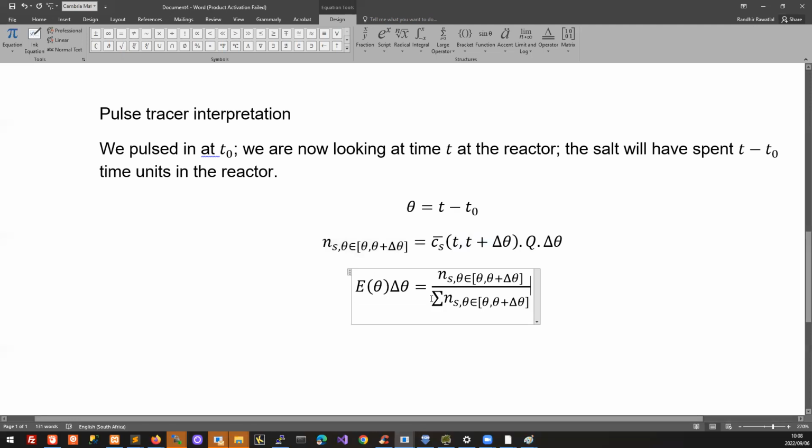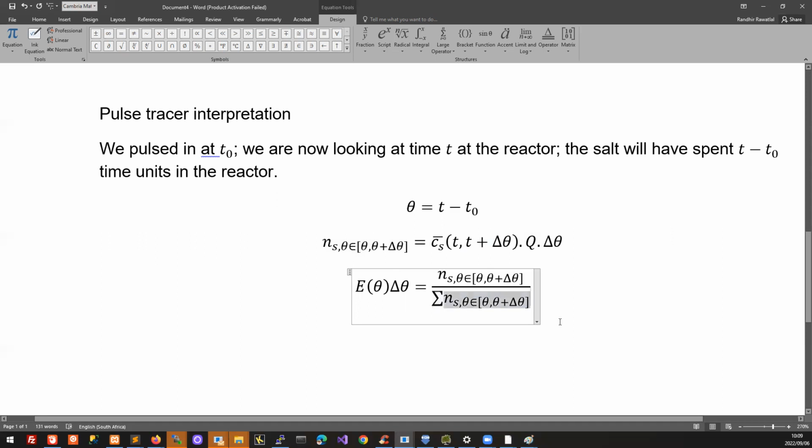If we add up all the moles that we see over all ages, and take the number of moles in a specific age range and divide it by that sum, then that is the fraction of fluid that exited between theta and theta plus delta theta. The denominator here, I should write in a better way.